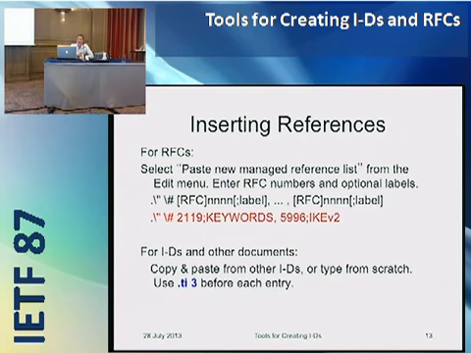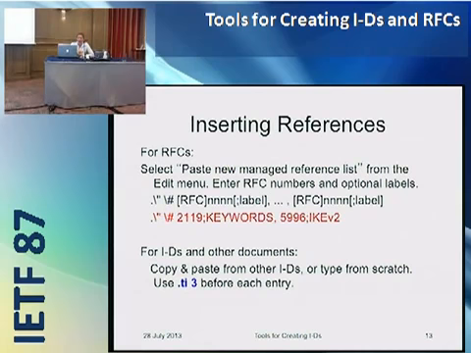Similarly for inserting references, you can say paste new managed reference list from the edit menu, and you can enter RFC numbers and optional labels. The label function is pretty nice because sometimes you want to just call the reference IKEv2. You don't want to call it RFC 5996.